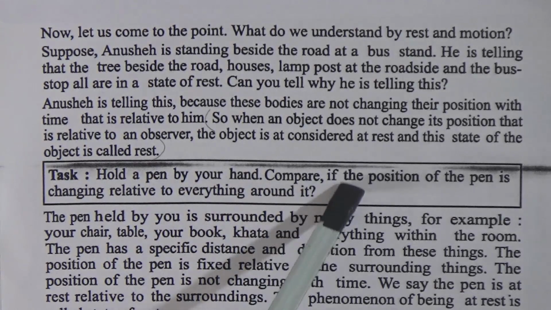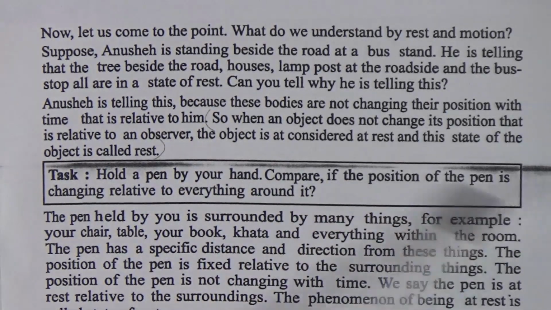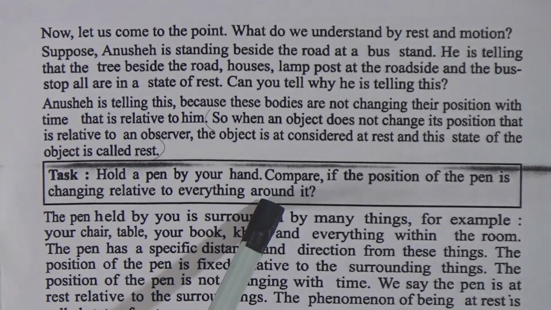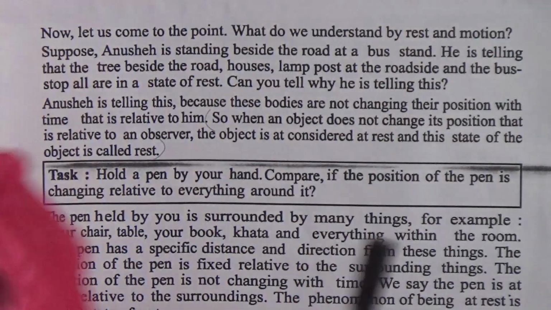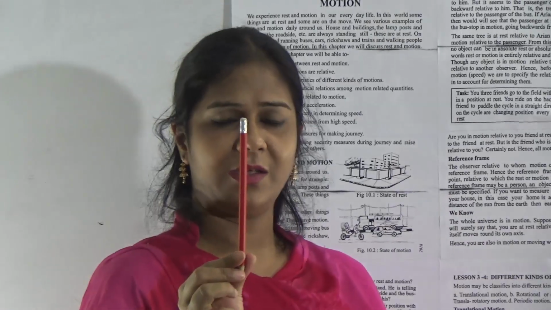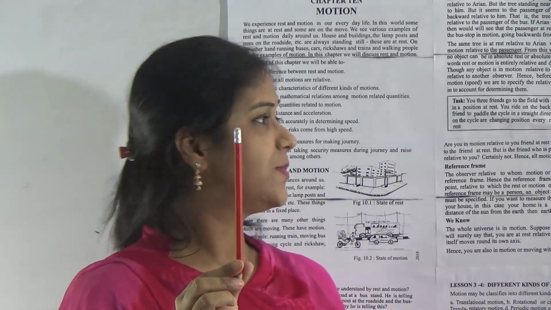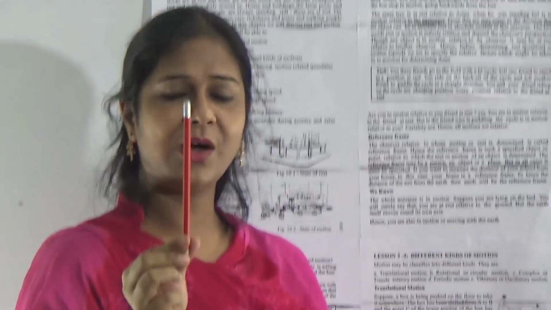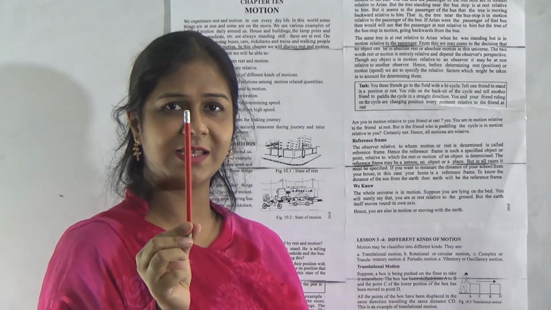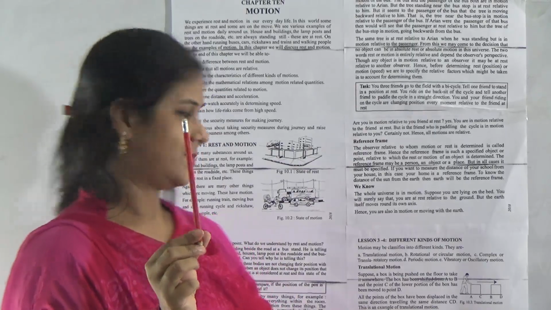Compare if the position of the pen is not changing relative to everything around it. Like me, hold the pen like this and this pen is not moving relative to this board or relative to everything around me. Now we can tell this pen is at rest.